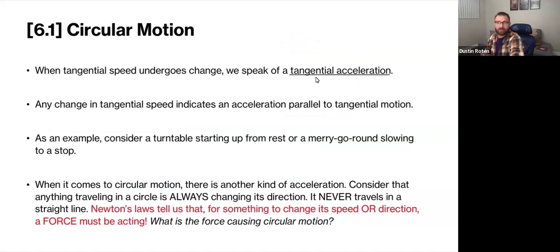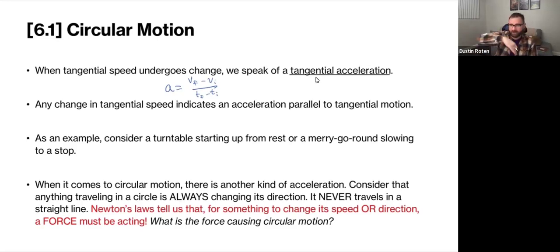So just like we talked about before, anytime a speed undergoes a change, it's due to an acceleration. So the idea here is essentially acceleration is the old final minus initial over some time, t final minus t initial. Now the whole idea here is that when a tangential speed, right?